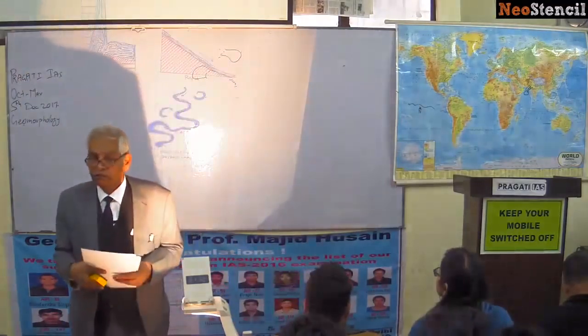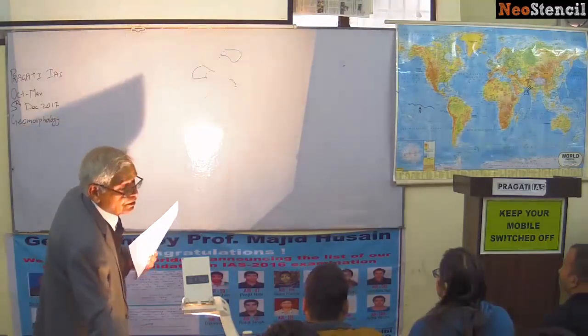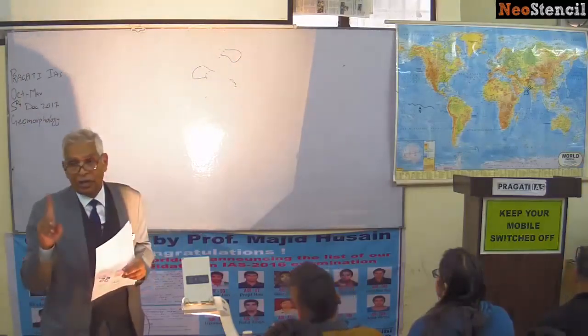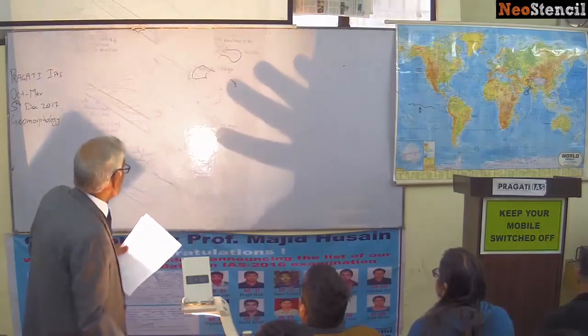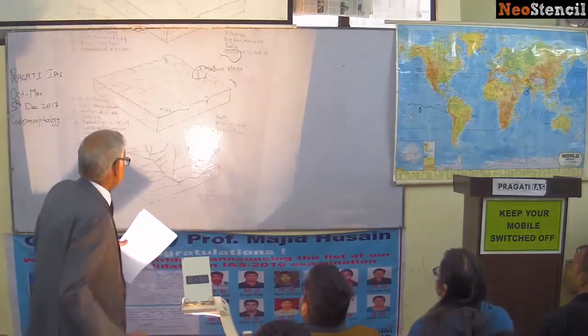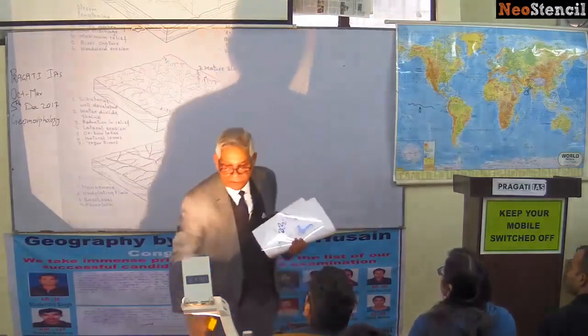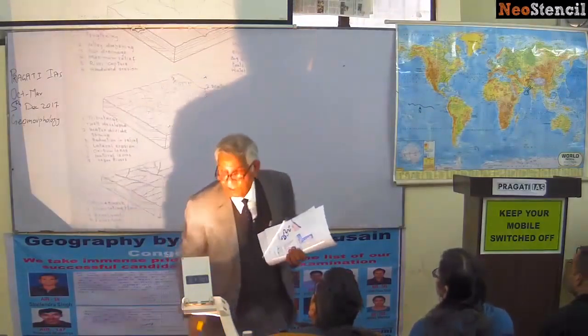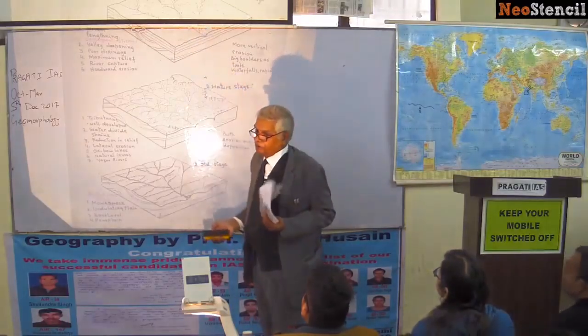Just for showing, not for the examination, because in the examination you cannot do many things simultaneously. In this question, that graph is a must, showing the upper curve and the lower. See the three stages. Youth stage, number of tributaries is very small.